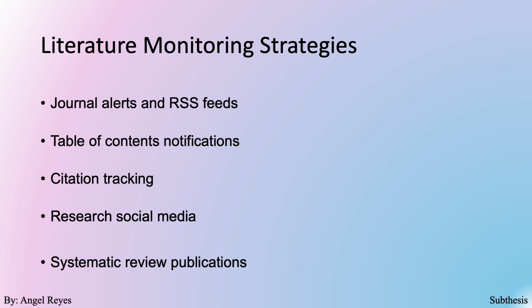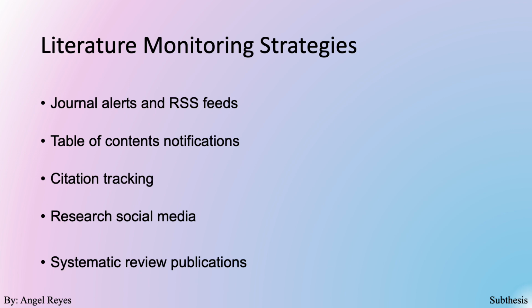A key way to stay current is by monitoring the latest research literature. Set up journal alerts or RSS feeds from top journals in your field to receive updates when new issues are released. Subscribe to table of contents notifications to scan what's being published.